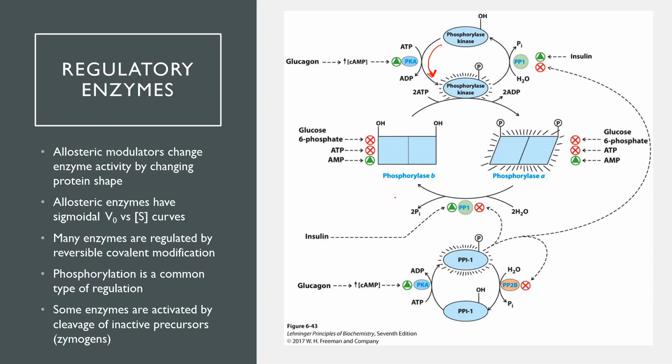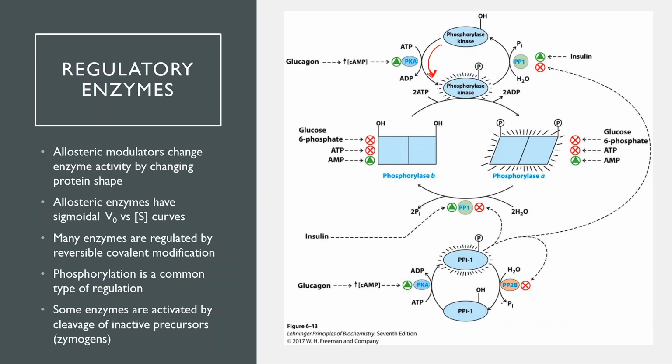It's the substrate for phosphorylase. And meanwhile, protein phosphatase 1, which is the enzyme that removes phosphates from phosphorylase, can also be regulated. So it can be phosphorylated by protein kinase A, and it can be dephosphorylated by a different phosphatase. And each of those also have their own regulatory mechanisms.